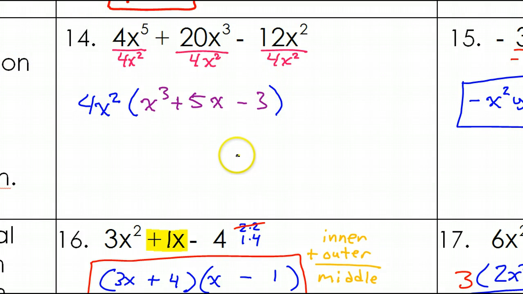So that's why this is the answer. You should take a look at this and see if it can be factored, but I see I have x to the 3rd power. This is not going to be factorable. If this were x squared, I would at least think about it, but 3 times 1 is 3. There's no way to get 5 out of it, so this is it.